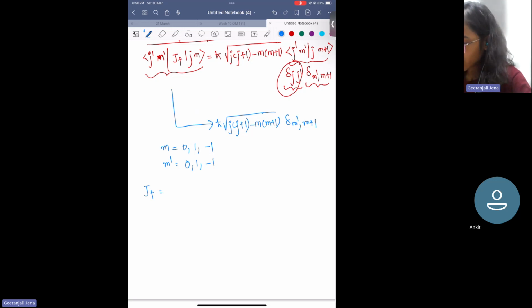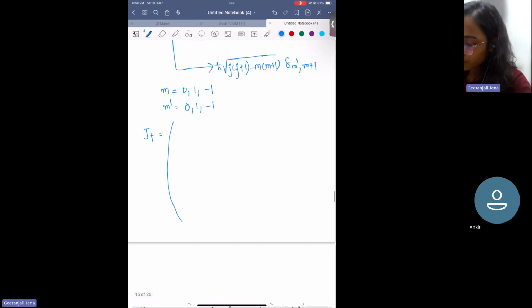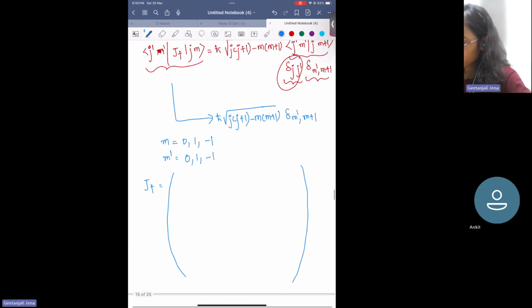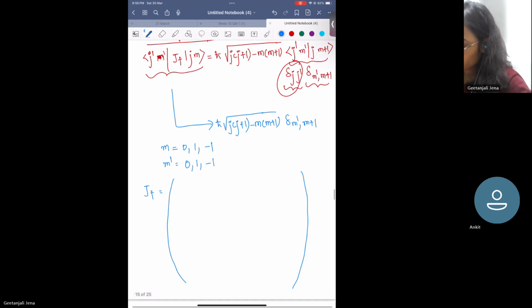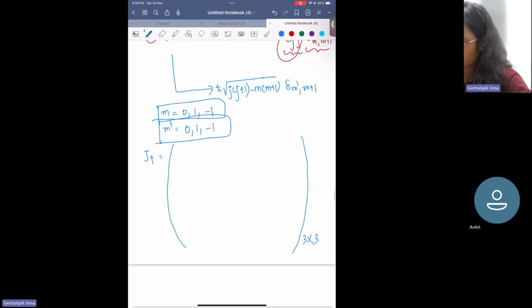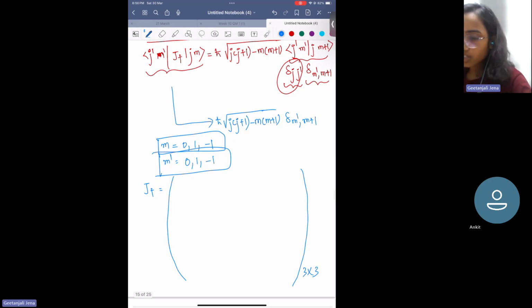So let me explicitly write the expression for the matrix element so that you can easily understand. M has 3 different values and M prime has 3 different values, so you will get a 3 cross 3 matrix. Now you just have to combine different values of M and different values of M prime.